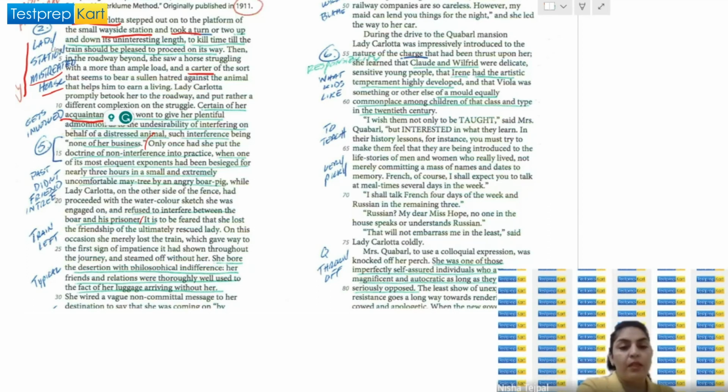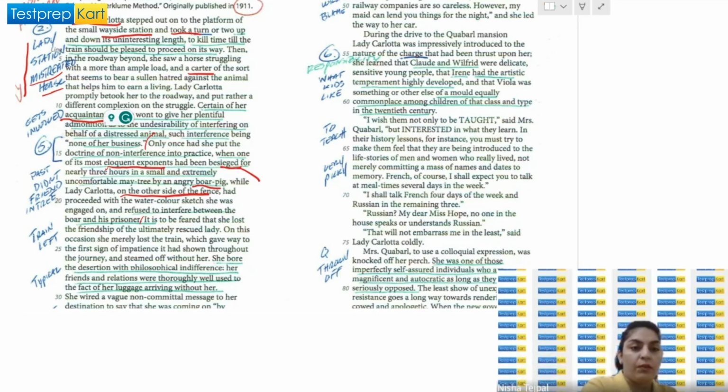Most eloquent means those who are good orators, good speakers; exponent means supporters. Besieged means when they are surrounded by. So who's surrounded here? This big pig. While on the other side of the fence means she was a little distant from that pig. Lady Carlotta was standing at a distance. Now she has proceeded toward this pig and the prisoner just to sort the matter out.